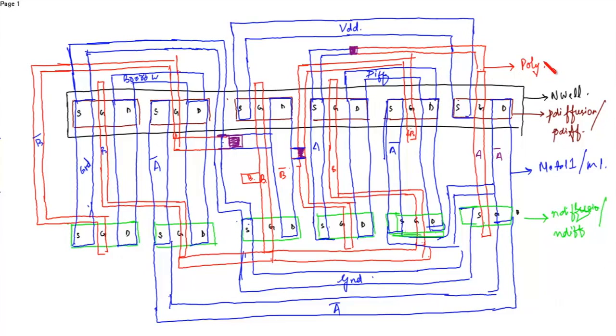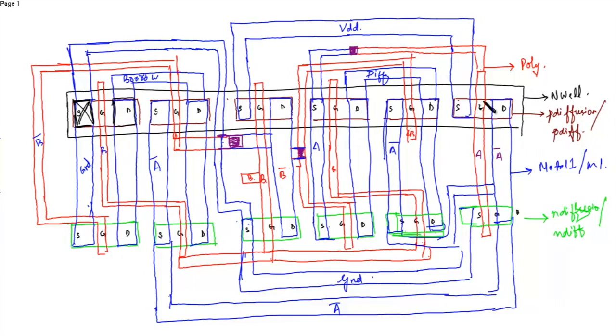Okay. Now you have to place the contacts. That is, in order to make a contact between the P diffusion layer and the metal, you have to place a PDC contact. Similarly over here, you can see there are 6 PMOS, and each has a source and a drain connected.